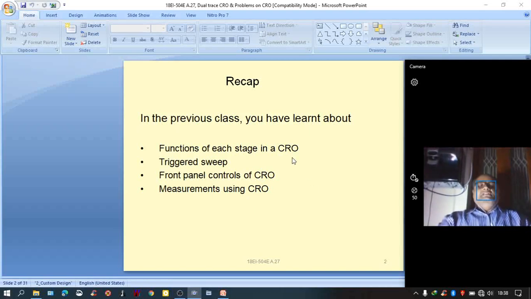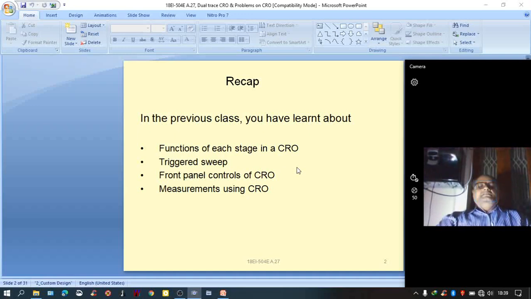CRO basically has got different stages such as vertical deflection amplifier, delay line, then trigger circuit, then sweep generator, then horizontal amplifier and CRT.